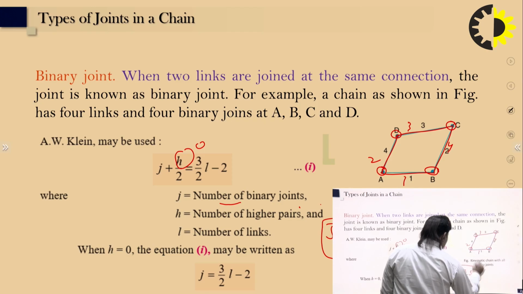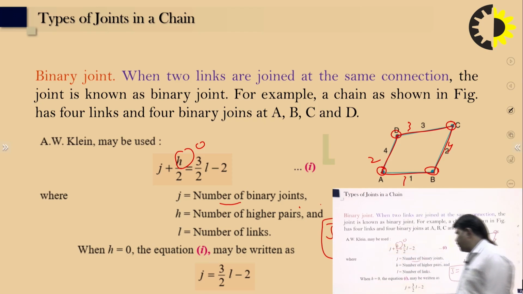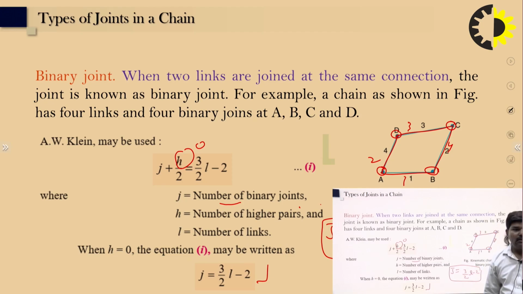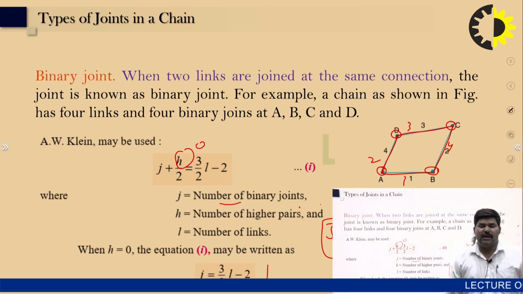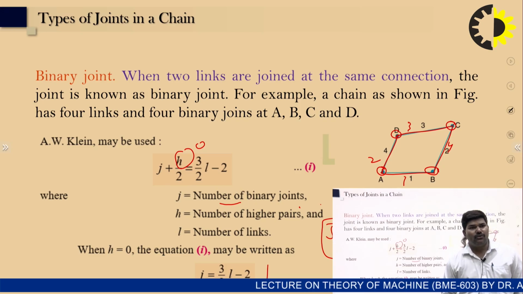So in case H equals 0, you put the value of H equal to 0 in equation 1, and the equation becomes J equals 3 by 2 L minus 2.